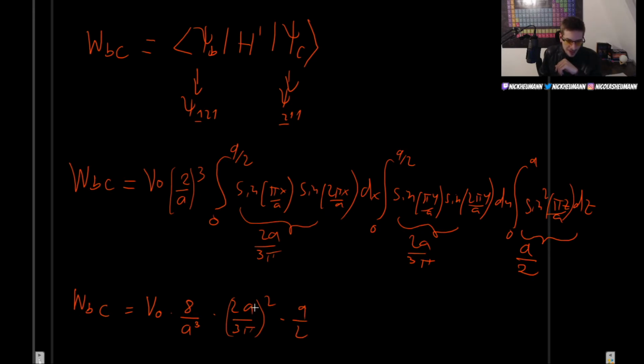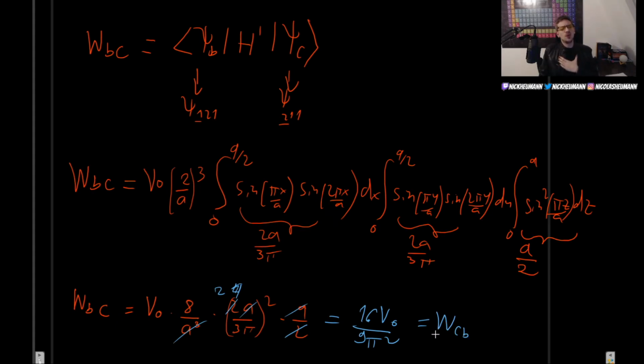So here, once again, the a's cancel out, and we have, so this is 4, which cancels out this 2 over there, so we only get 2. So we end up getting 16 V0 over 9 pi squared. There we go, and this is the same as W_CB.